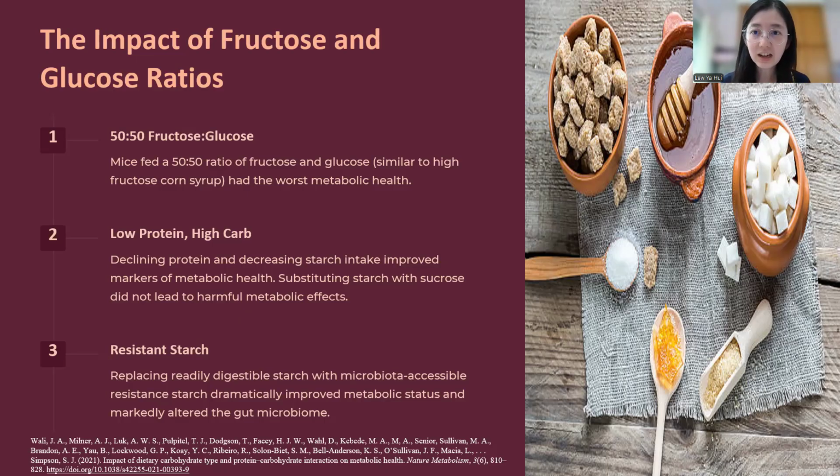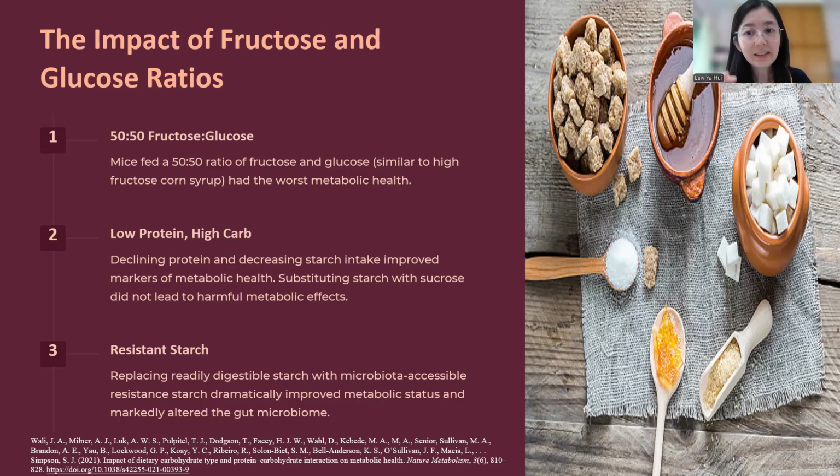Another study gave mice diets with different protein to carbohydrate ratios. Once the protein level decreased, the starch intake reduced, and the mice's metabolic health improved. Replacing starch with sucrose didn't cause any harm.